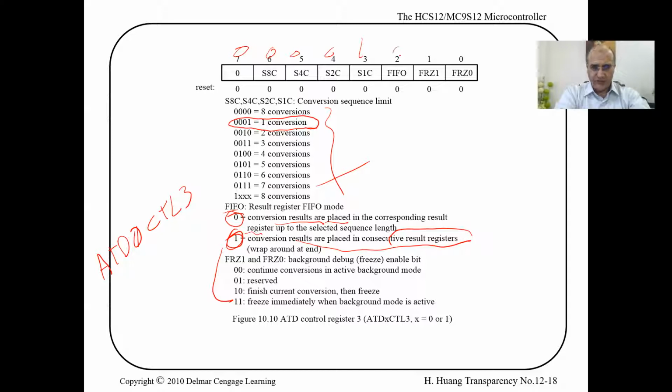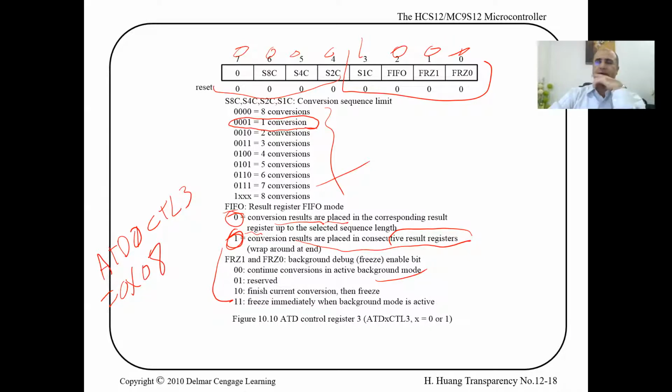And I don't want the FIFO mode, and disable continuous conversion in the background, and you don't worry about the freeze mode. So this would be 8 and this would be 0, right? So 0x08. When we write code, this will be handy. This is control register 3.